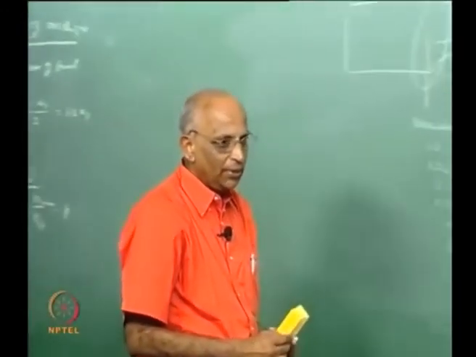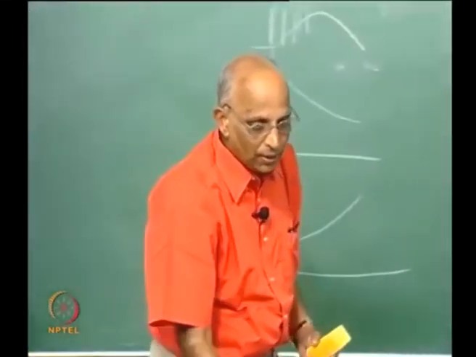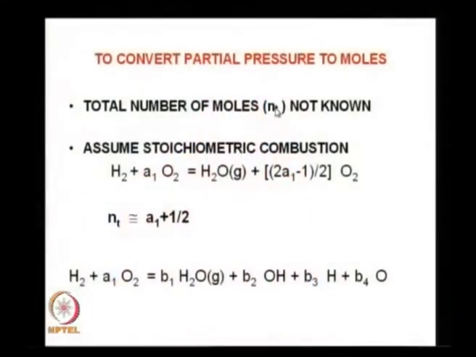That is what I do in the next one. Therefore, to convert you need to know the total number of moles, but we do not know the value of B1, B2, B3 and B4. But how do I get it?